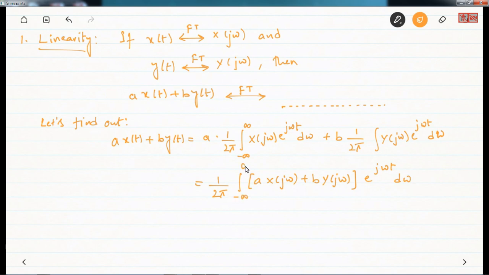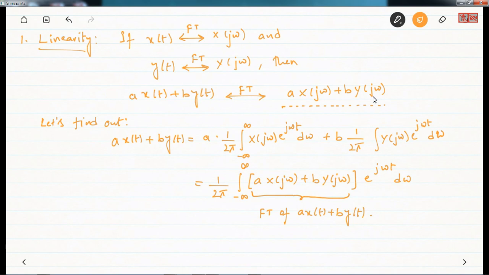The limits are minus infinity to plus infinity. So this is nothing but the Fourier transform of a into x of t plus b into y of t. That's it. So we can fill this blank as a into X of j omega plus b into Y of j omega, right?